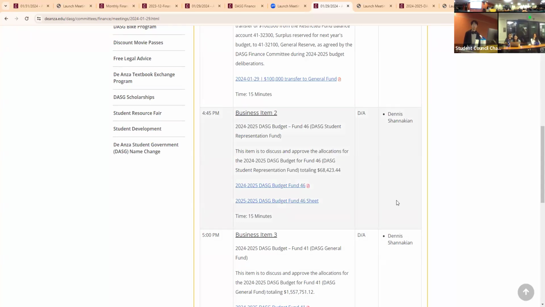Does anyone have any questions first about this? Fund 46, the amount, the process we went through, anything like that? Okay, if not, can I get a motion then for approval?